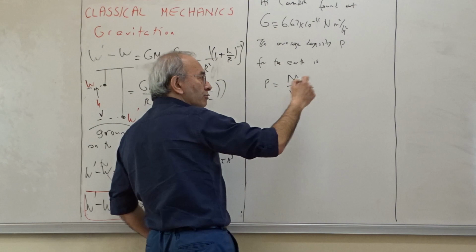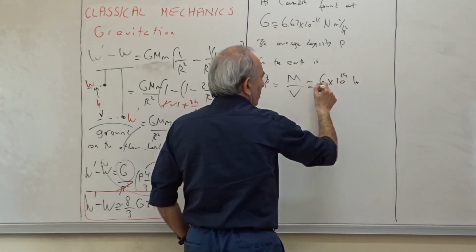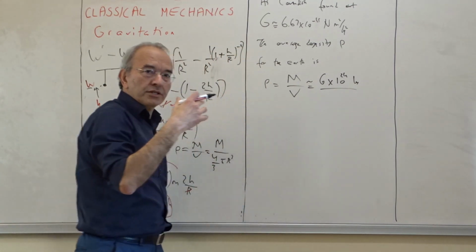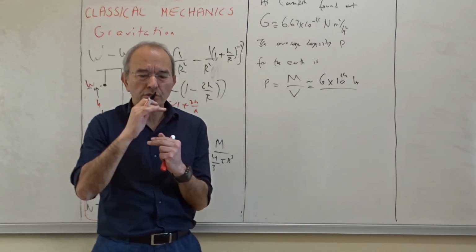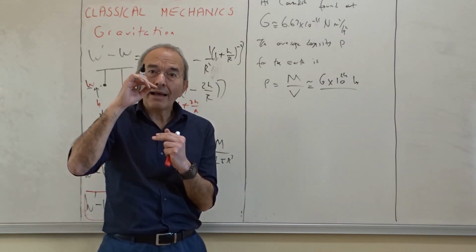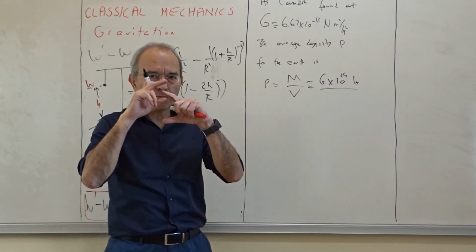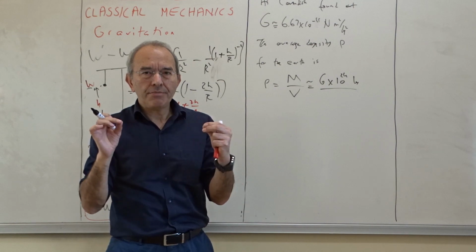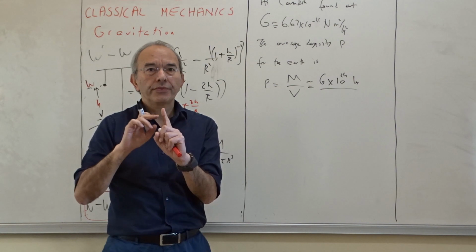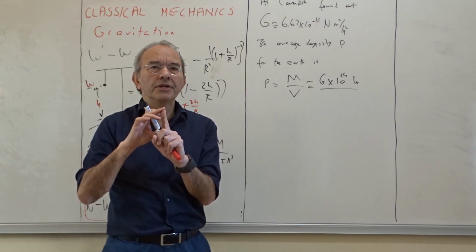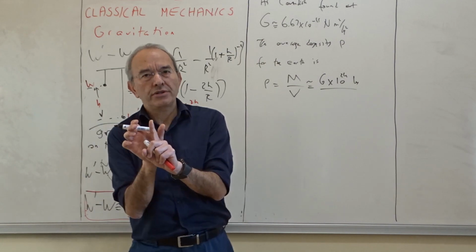Numerically, the mass of the Earth is approximately 6 times 10 to the 24 kilograms, divided by the volume. It's assumed to be a sphere, not exactly a perfect sphere, because the diameter from North Pole to South Pole, compared with the diameter along the equator, is approximately 42 kilometers less.